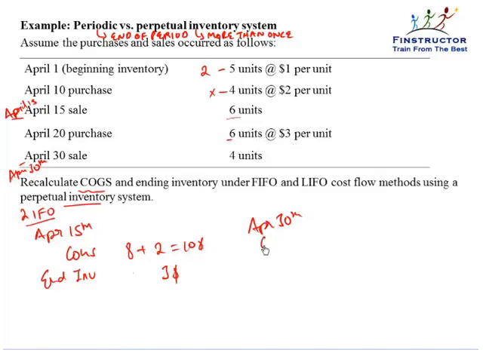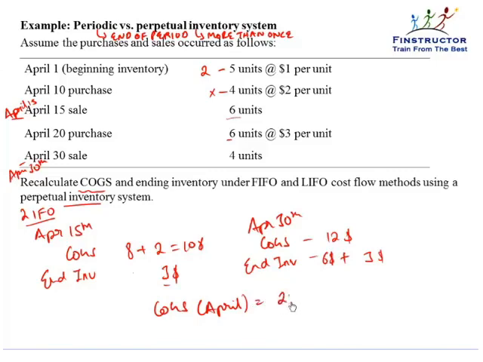So the cost of goods sold would be $12, and the ending inventory incrementally would be 2 units purchased at $3, that is $6, plus the carry forward inventory from April 15th, that is $3. The total $9 of inventory would be left at the end of April 30th, and the total COGS for the month of April would be $10 plus $12, that is $22.